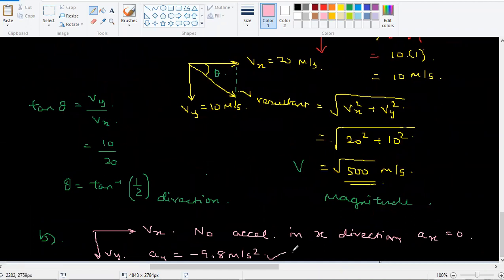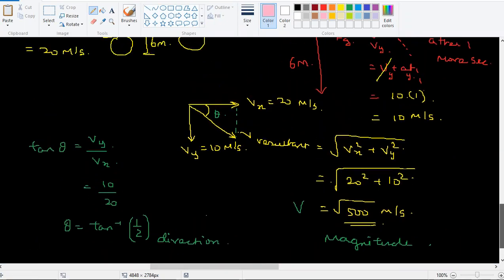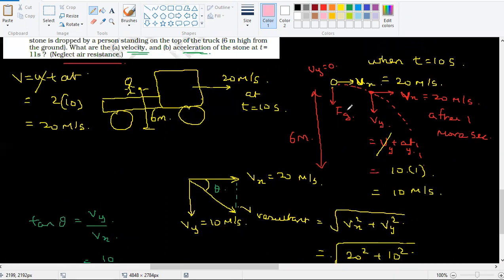Chaitanya, is that okay? You're not following that? What you said is true, but you already know the answer, that it's acting only due to gravity, which means the acceleration is 9.8. And using that only, we calculated this Vy, which is 10 meter per second. Anybody not following, please ask me.